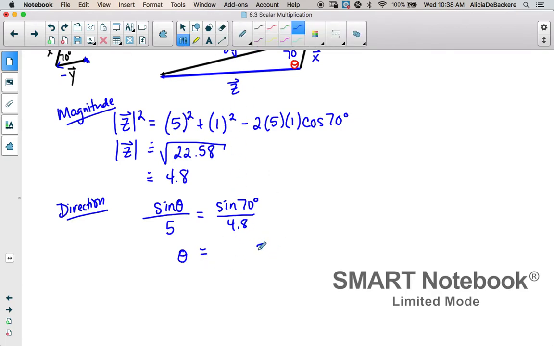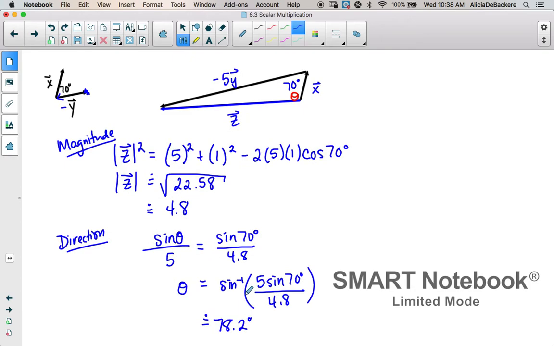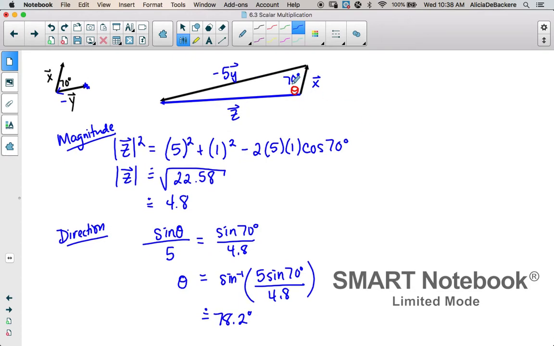So I bring the 5 up and multiply it. And then I'll take sine inverse of this. All right, when I type this into my calculator, I get about 78.2 degrees. And when I look at this picture here, actually theta looks like it's greater than 90 degrees.